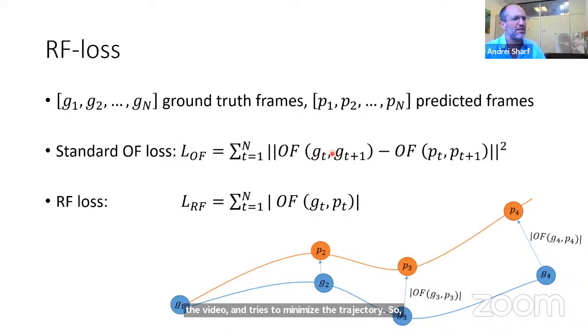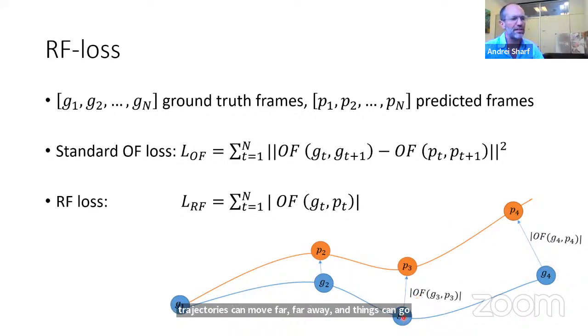So for example, here, it will look at the blue trajectory and try to see how similar it is to the orange trajectory. In our loss, we said this is not enough, because sometimes these trajectories can move far, far away, and things can go really, really uncontrolled.